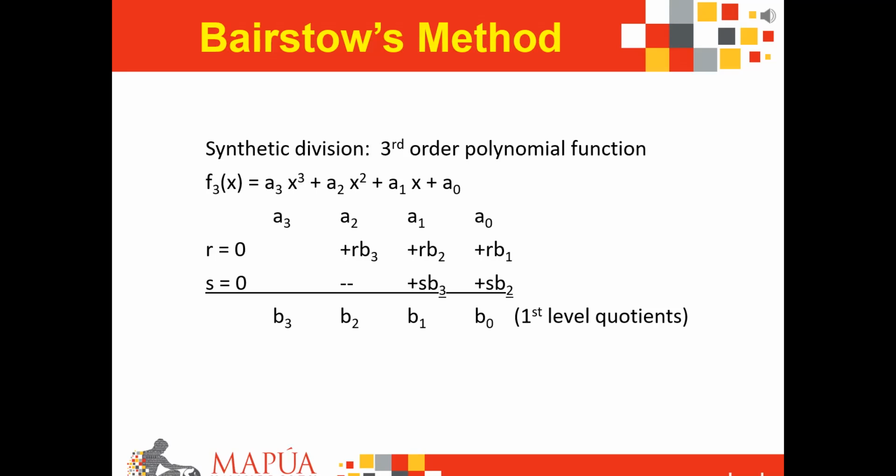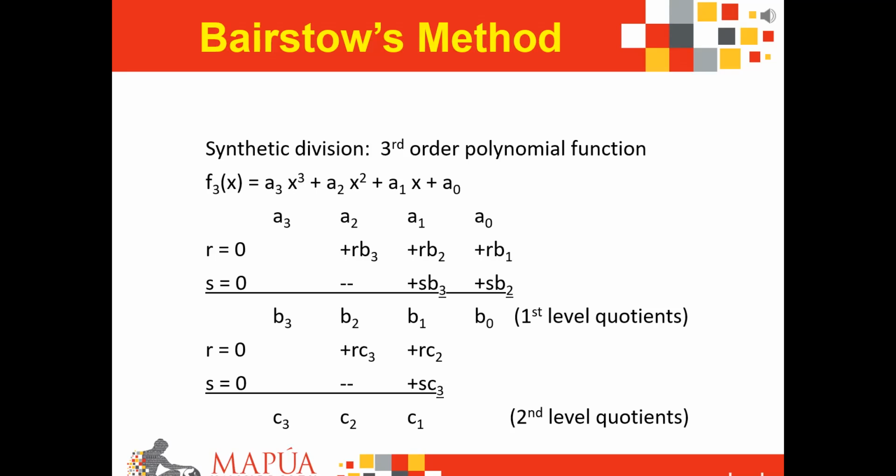In order to establish the second level quotients, you will subject the first level quotients starting from B3 all the way to B1 only, since B0 represents your remainder. By subjecting them to synthetic division again using your initial values r and s, which are both equal to 0, you would end up with a second level quotient to be evaluated like this.